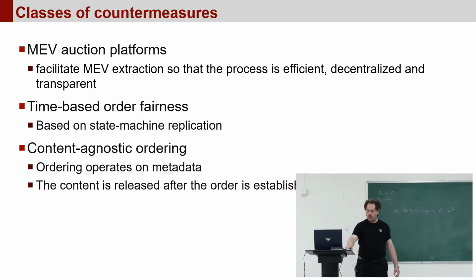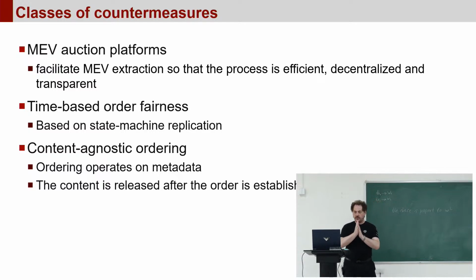Okay, so how do we protect against MEV attack? There are three classes of countermeasures: MEV auction platforms, time-based order fairness, and context-agnostic ordering. The first one is probably the most interesting one.